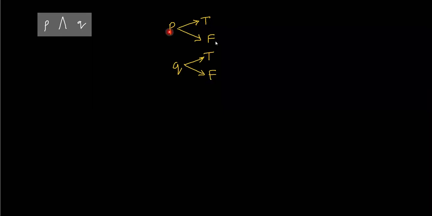I can have P false and Q also false. Is it confusing? No. This is very simple. So I have a total of 4 different possibilities.